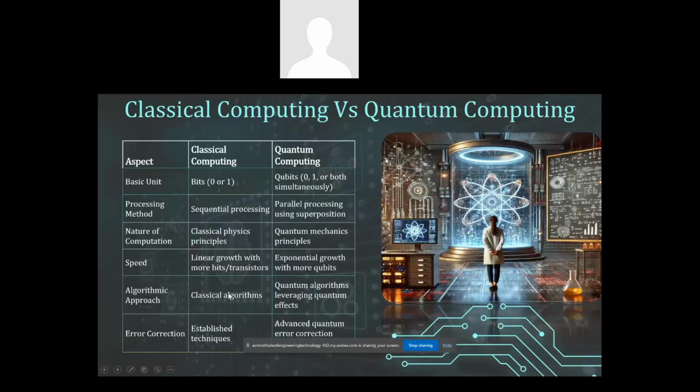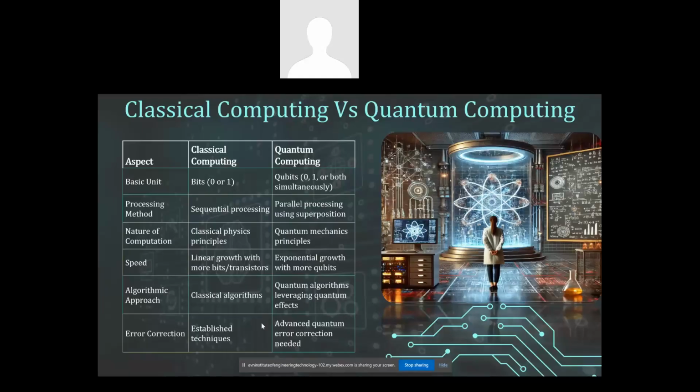So, algorithmic approach: it's a classical algorithm, and here we have quantum algorithms. And then error correction in classical computing has established techniques. We have CRC, and a lot of techniques are there in classical computing. If you take quantum computing, even IBM is still trying different ways to do the error correction in quantum.